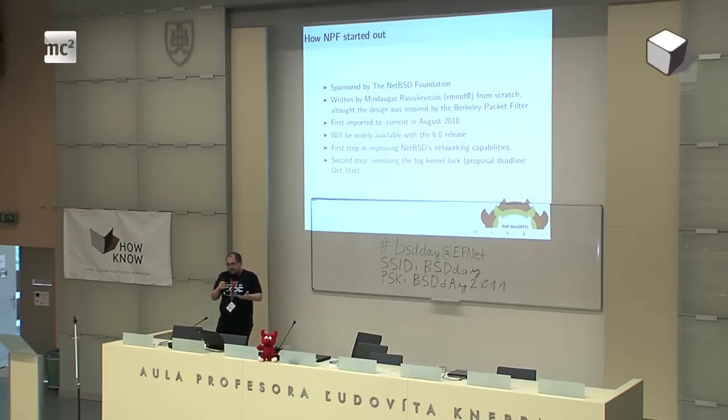And as you can see in the slides, it was imported last August into the core tree, into current. The design was there already, but it lacked IPv6 support, and it still lacks some other features which we can explore during the talk. Now, we have IPv6 support, but sadly there's still a big lock around our networking code.